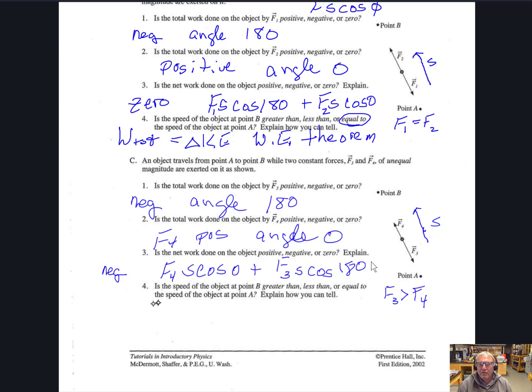Okay, so it's less than 0, because once again W total equals delta KE, and it's less than 0, so it slows down. Okay.